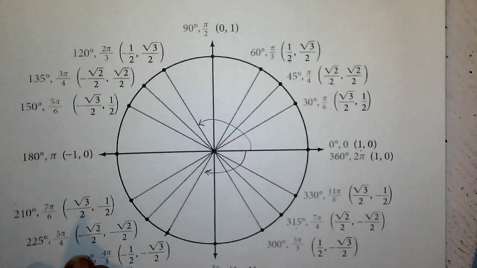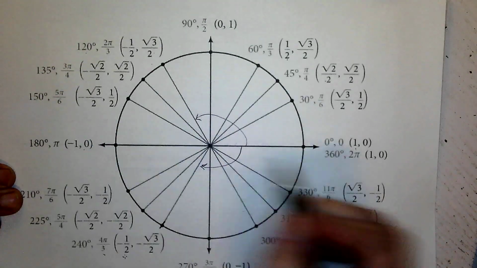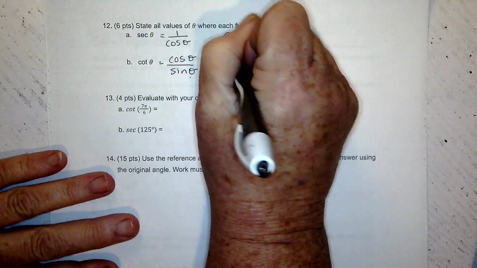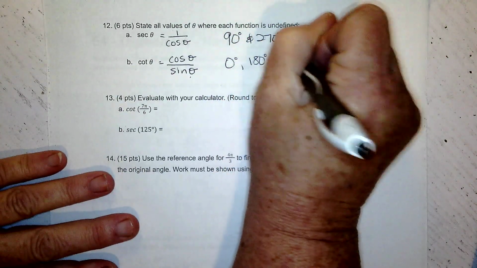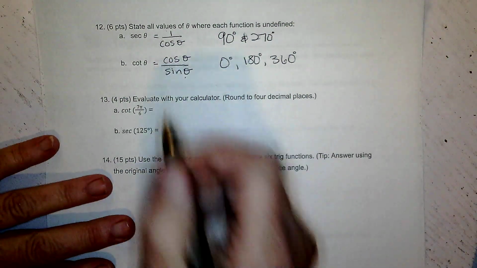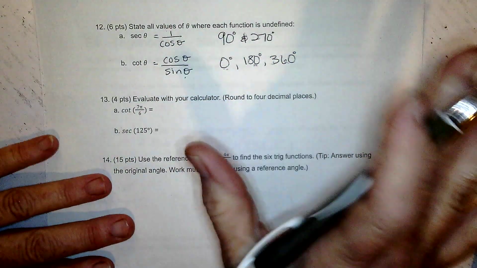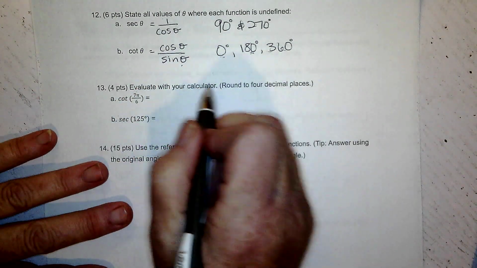And that's going to be my y values. So my 0, my 180, and my 360. So 0 degrees, 180 degrees, and 360 degrees as well. Okay. If you just wrote these two or these two, I gave you credit. Just be careful.